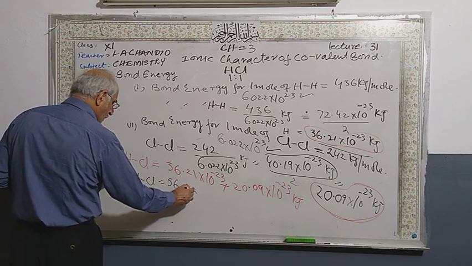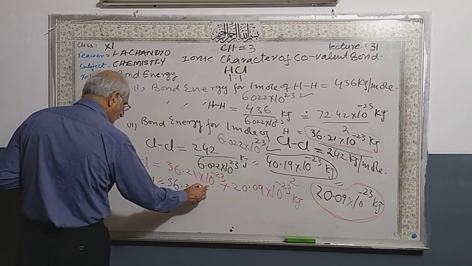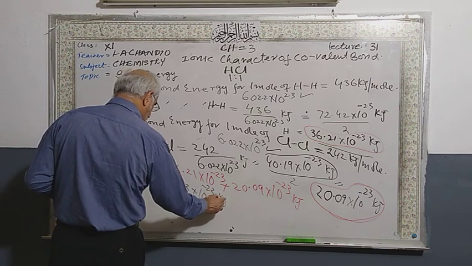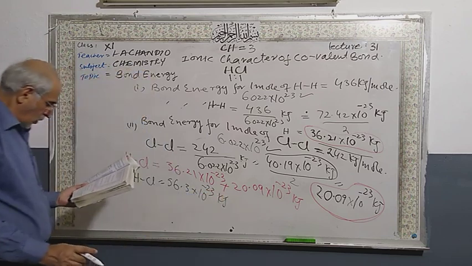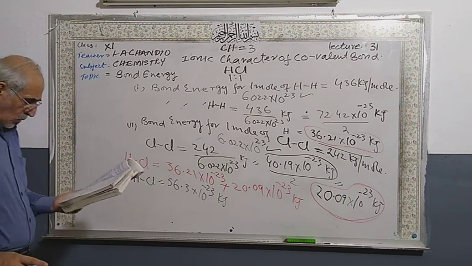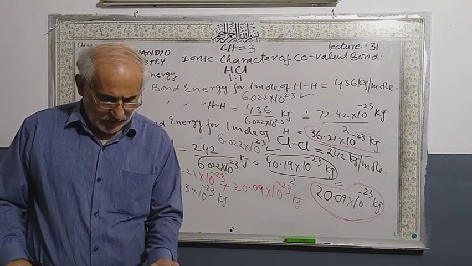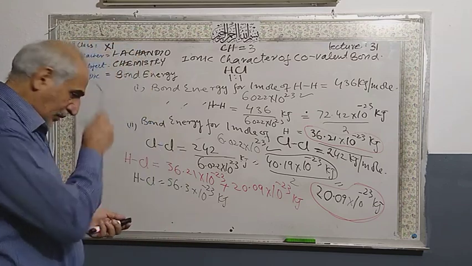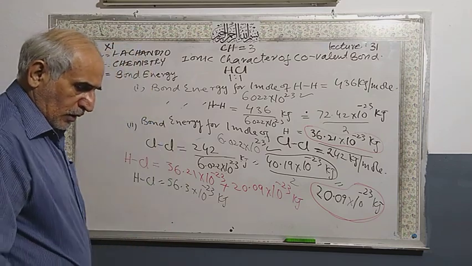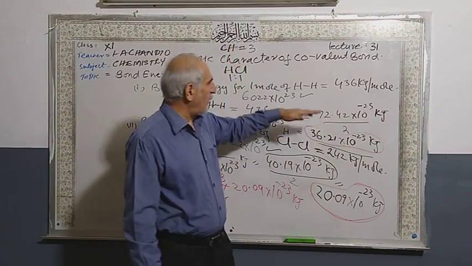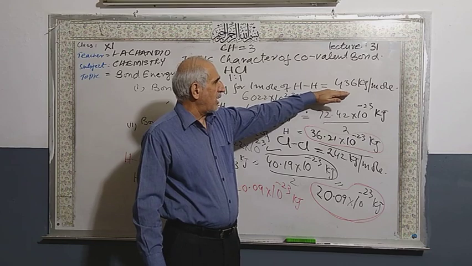56.3 power same kilojoules. 56.3 into 10 raised to the power minus 23. So students, the value of the energy should be like this.